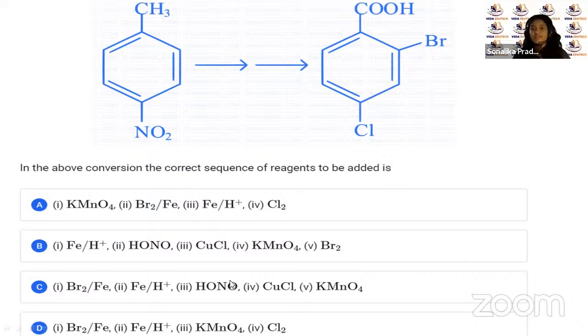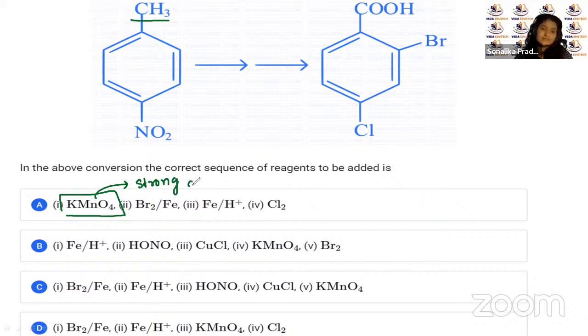Okay. So let's see, children. Let us analyze this question. How is this going to work? We will see all the reagents here and we'll be cancelling whatever is not working out for us. So if we see, we have CH3 and KMnO4 is definitely a strong oxidizing agent.